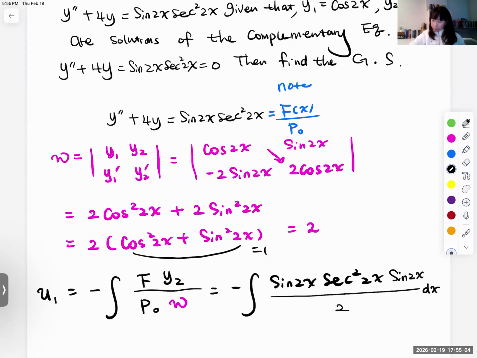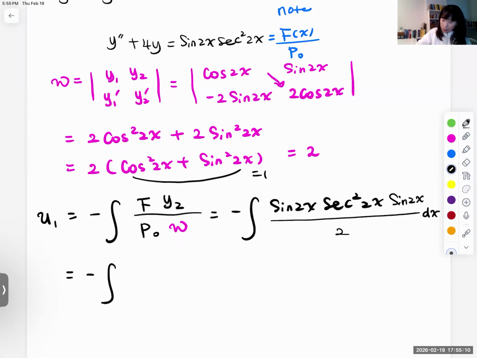Yeah, sine square 2x, so we can see minus sine square 2x secant square 2x over 2 dx.